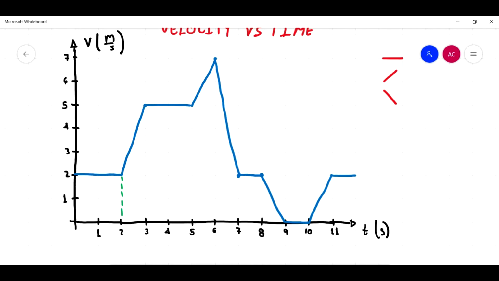So it goes upwards and then horizontal. Then this is another segment. And then horizontal and then goes upwards again. This is another segment. And then upwards, downwards, this is another segment that I'm going to separate. And this is another one.